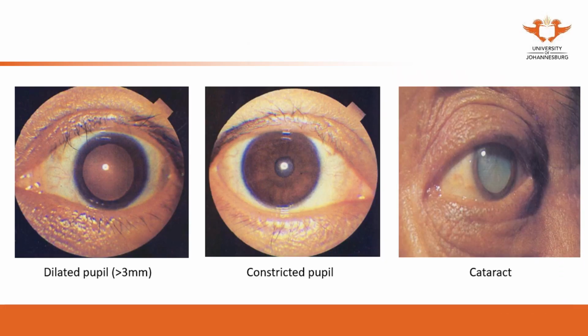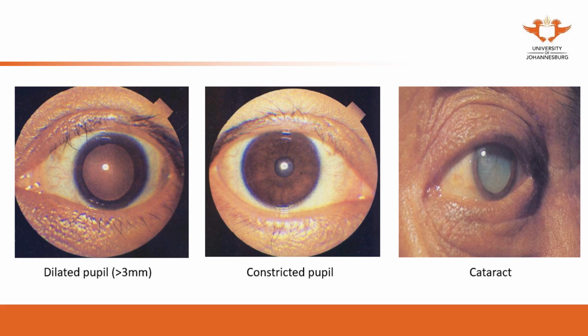Apart from the colors of the eyes and the shape of the eyes, we're also going to focus on the pupils. The observation of the pupils mainly focuses on the diameter of the pupils, that is, dilated pupils and constricted pupils.